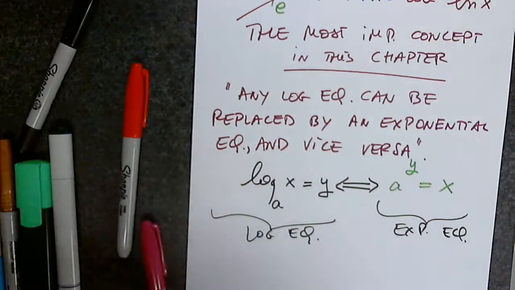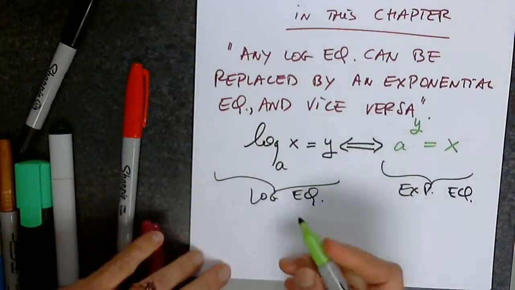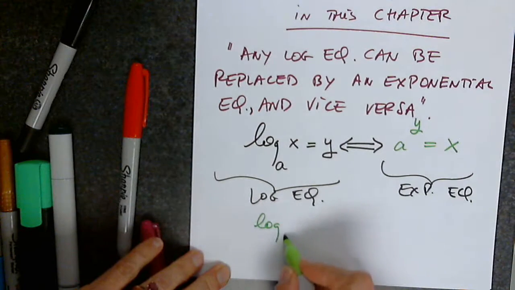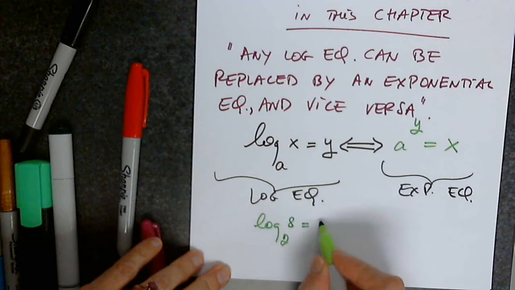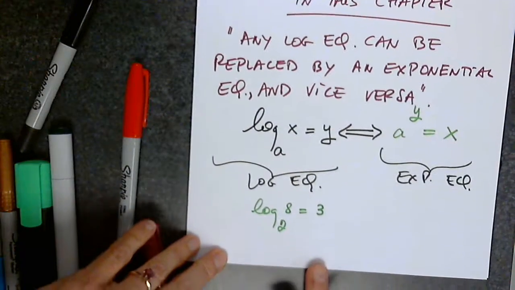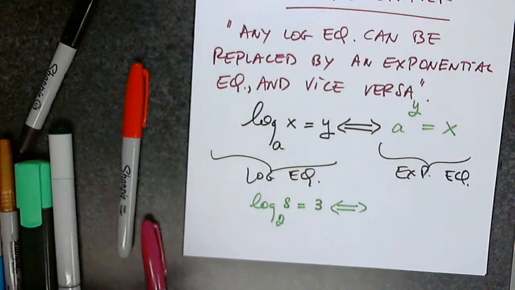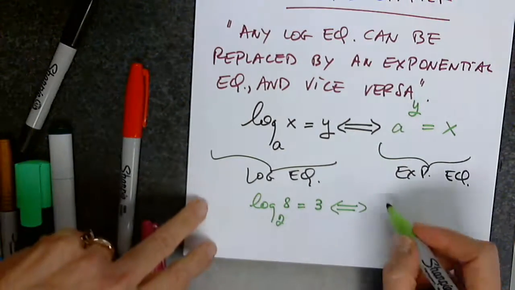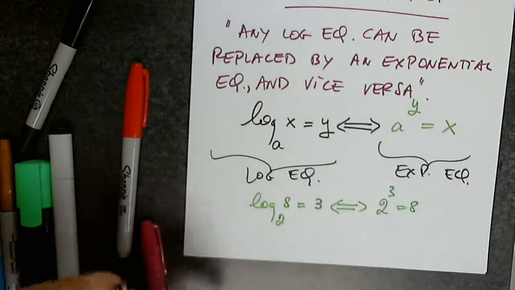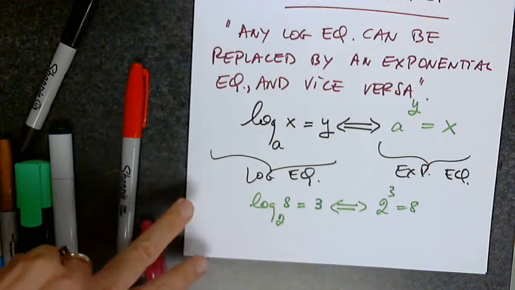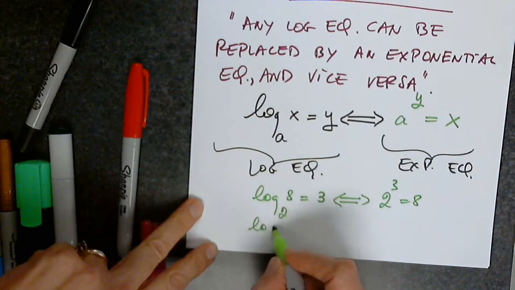Okay, so if, for example, I'm given log base 2 of 8 is 3, how will I change this into an exponential equation? Is that true? Good. Here's one more and I'll stop.